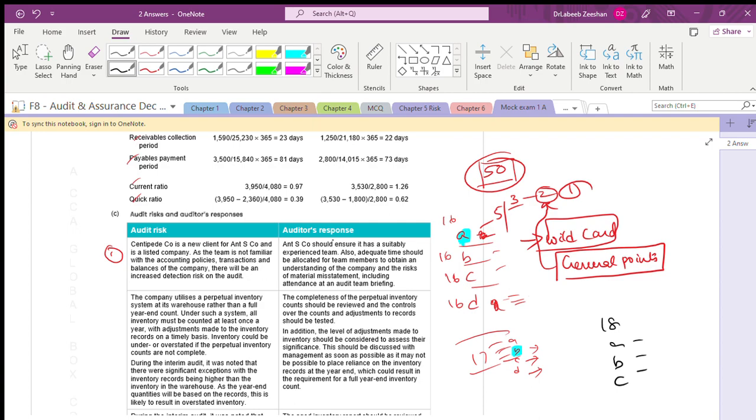What is the response? The response is you have to get a good experienced team, and you have to get a good understanding of the company.